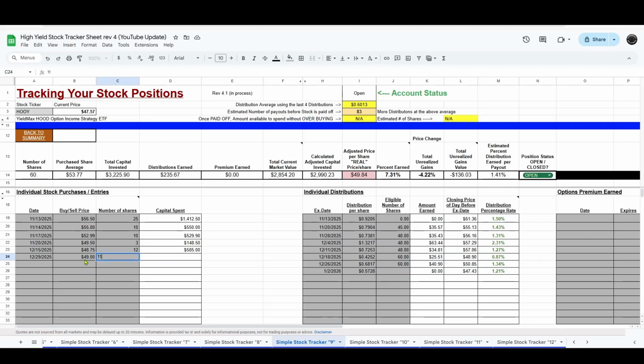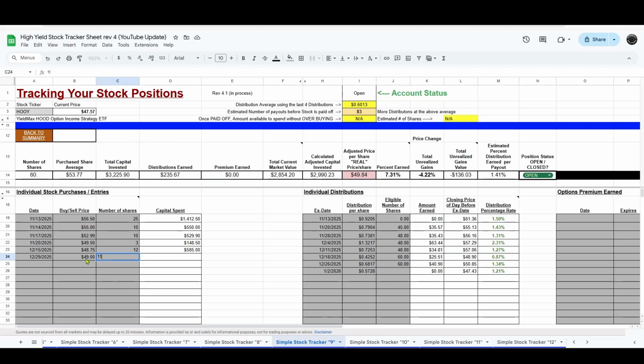Because I set that buy order at $49 so that if the price did drop down to that price, it would purchase those 11 shares. And it did. And if you can see, it actually went down to about $47.57 here. So it actually went down below it. And this could be another chance for me to purchase more shares.